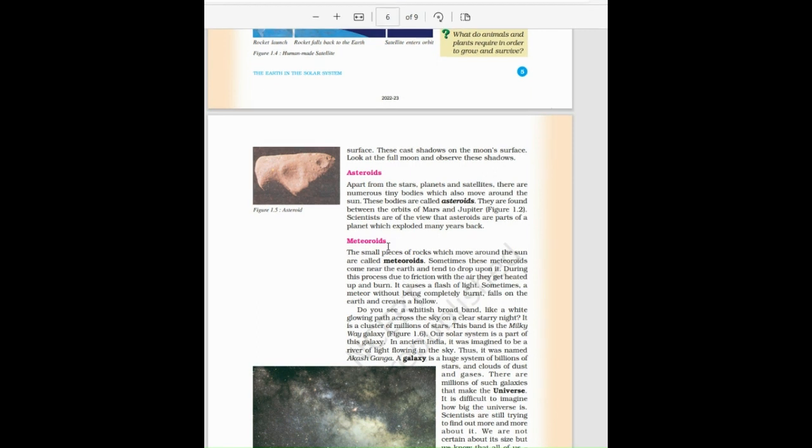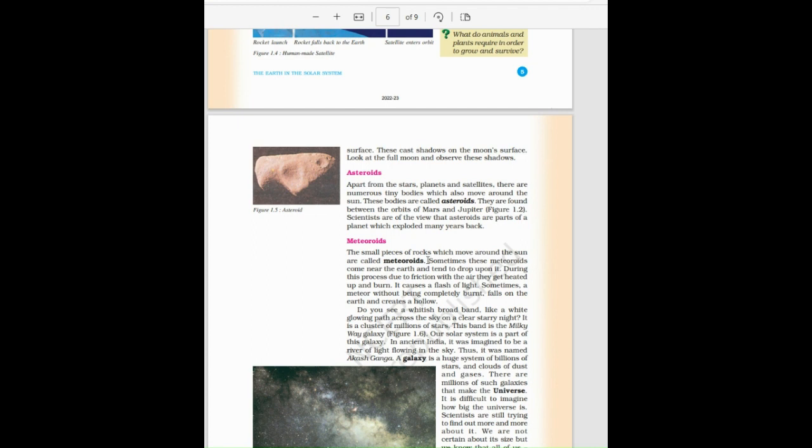Okay, now come on to the meteoroids. What are meteorites? The small pieces of rock which move around the sun are called meteorites. Sometimes these meteorites come very near to Earth and tend to drop upon it. During this process, due to friction with the air, they get heated and burn, which causes flashing lights.